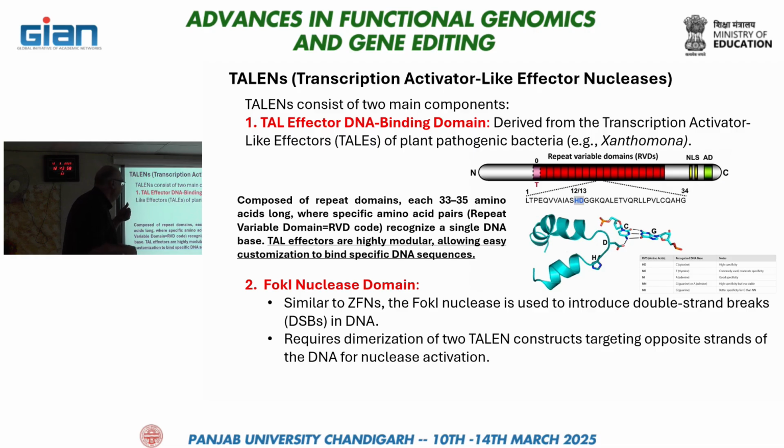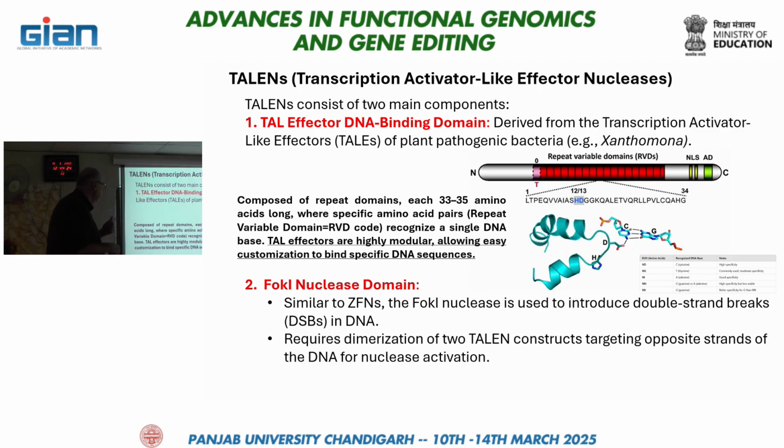So if you know the code, which amino acids will recognize which nucleotide, or which two amino acids, because HD will recognize one nucleotide, and at this position, two other amino acids will recognize another nucleotide. Then you can design, using these repeats, the binding site recognizing exactly the sequence you really want.